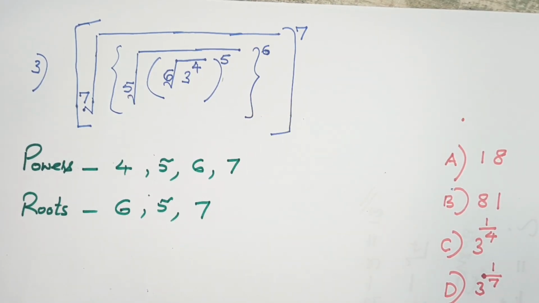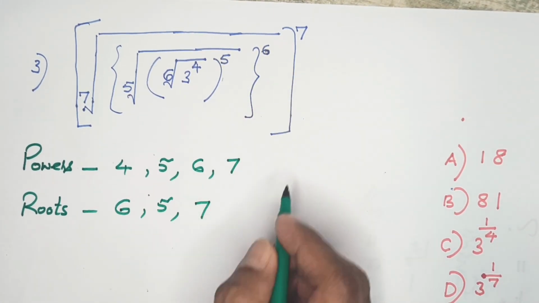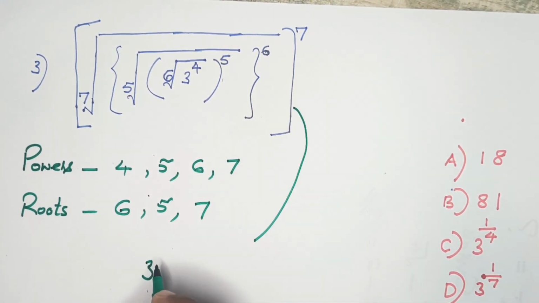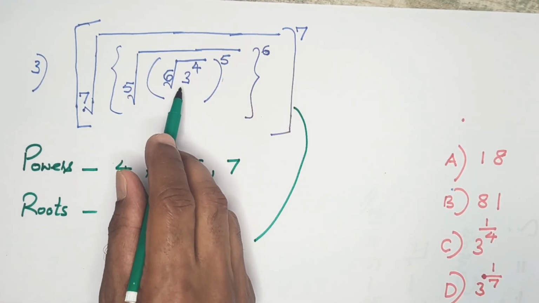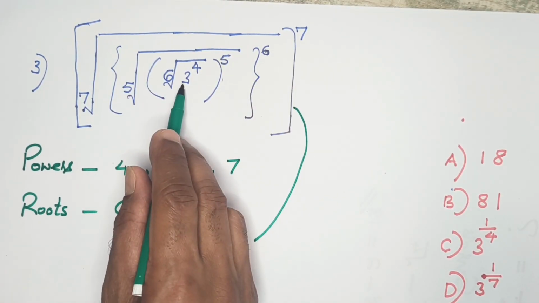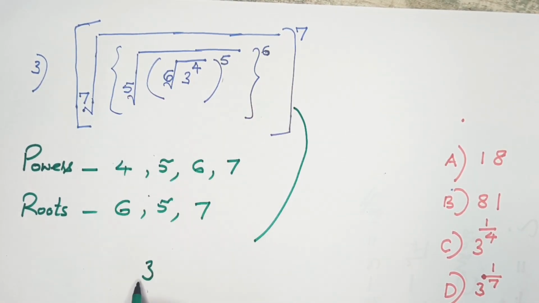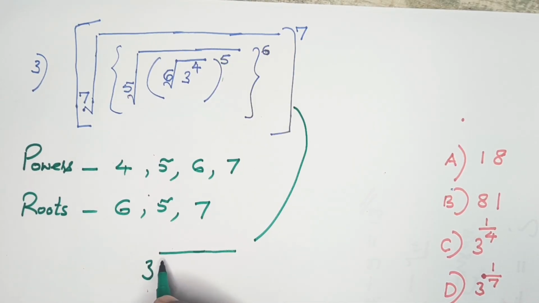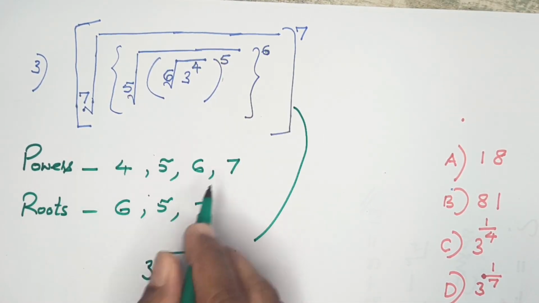Now there is a simple shortcut to simplify this numerical expression. The final answer to this numerical expression will be to look at the innermost number inside the simple bracket, that is 3. You write that 3 first. Then the final answer will be 3 to the power of a fractional number. And the numerator of the fraction will be the product of these powers.